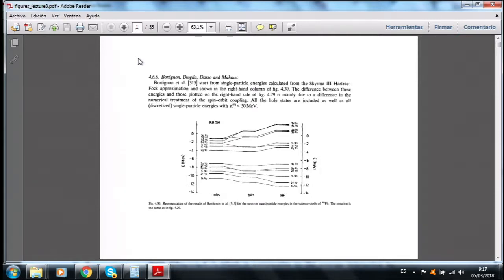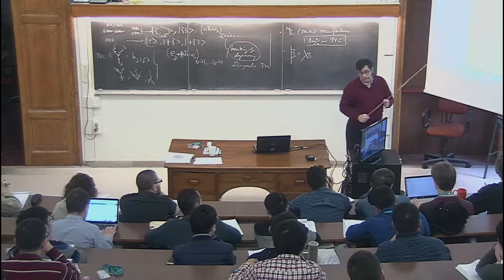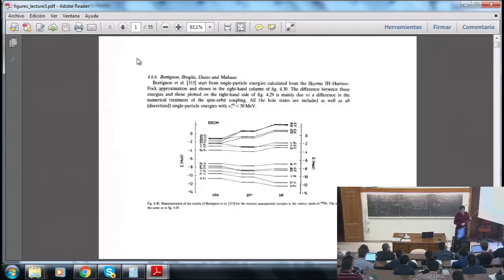So there is something that is in some way out of the particle vibration coupling's responsibility, which is the Hartree Fock that you start with. There are some Hartree Fock parametrizations, in particular some Skyrme parametrizations, that at the simple level of Hartree Fock already gave a level density close to the experimental one, so leaving no room to the particle vibration coupling.